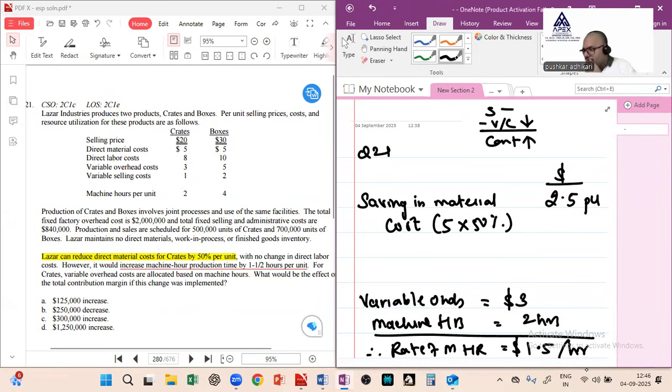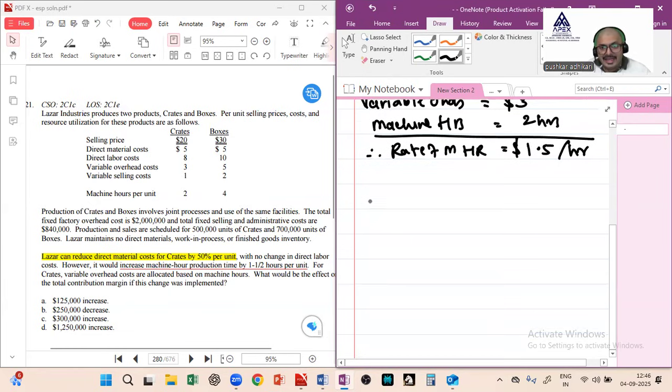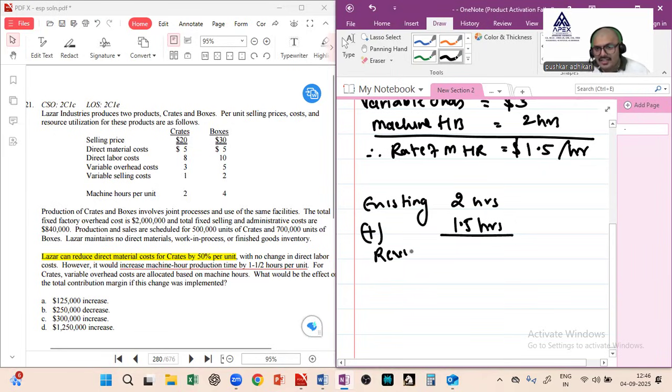Now, what is going to happen over here is there is going to be an increase in production time by 1.5 hour per unit. My existing hours are 2, and now there is going to be an increase by 1.5 hours. So now my revised hours are going to be 3.5 hours.